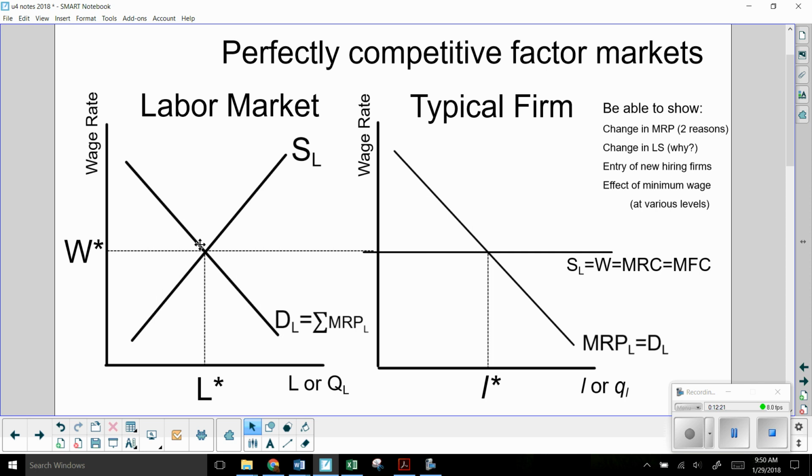So this comes from the sum total of all the firms' individual demands for labor, which is this line over here. Just as in the product market, the supply curve came from being a sum total of all the firms' marginal cost curves, it's the same kind of idea. If I say at $10 an hour this firm wants to buy this many, well, there are like 1,000 similarly situated firms.